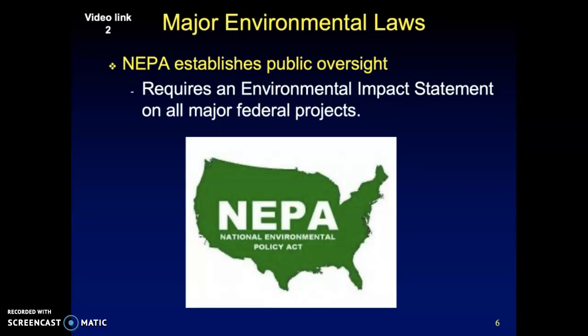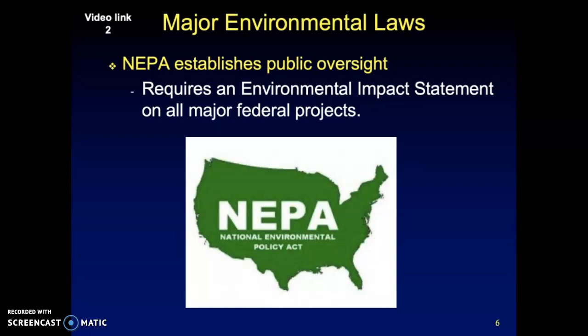NEPA requires this. And it says, all right, I want to build a highway through this part of this county, through Sangamon County. Is that highway going to destroy habitat for an endangered species? How is this highway going to impact the water quality of this county? How is this highway going to impact, etc.? That's what the environmental impact statement does: it makes people trying to do these projects look at the environmental impact, and then public opinion.